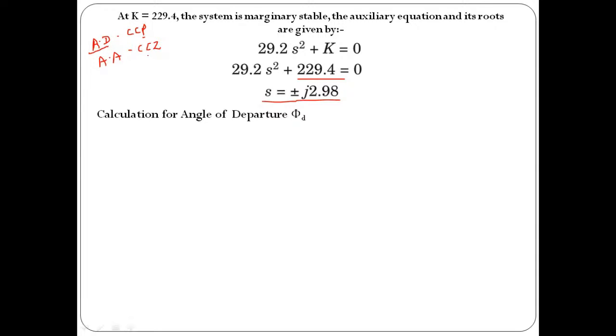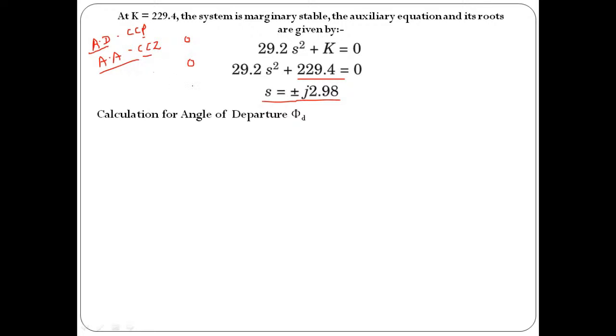In the same way, whenever we have complex conjugate zeros, at zeros all the branches are going to terminate. So definitely we need to provide a direction through which branches are going to arrive at the complex conjugate zeros. That direction we provide through the angle of arrival. So this is very important.